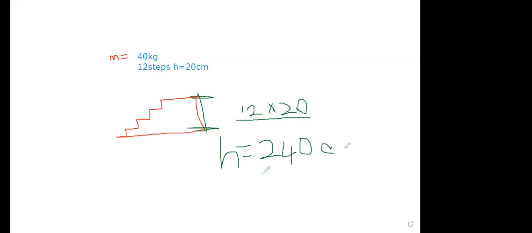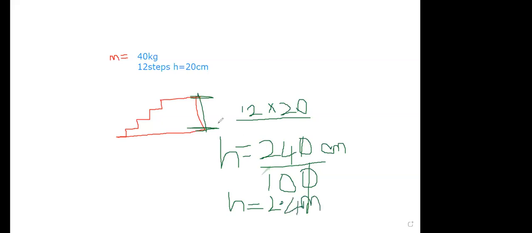So if we are to change them to meters, we divide through by 100. And if we divide through by 100, we find out that the height that we are going to move going up is going to be equal to 2.4 meters.